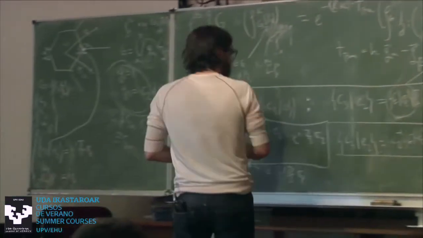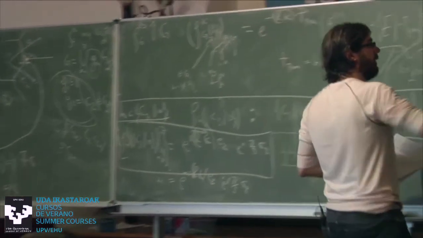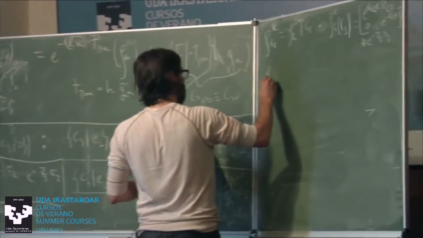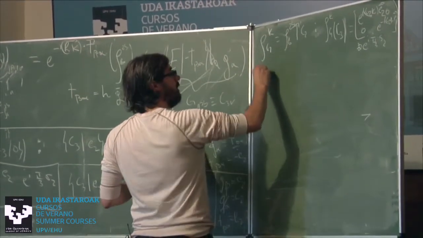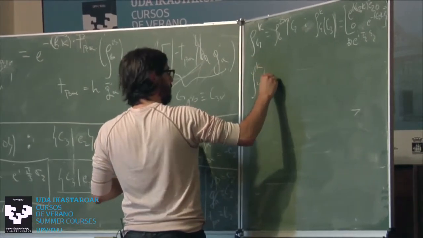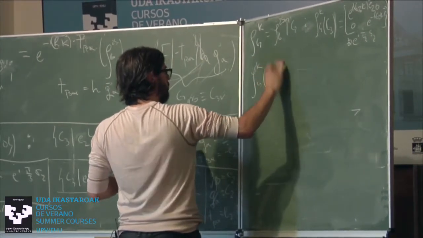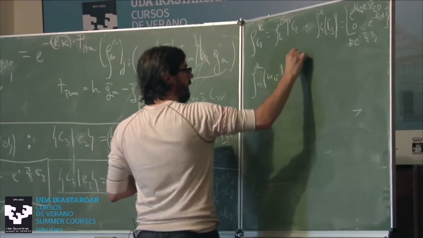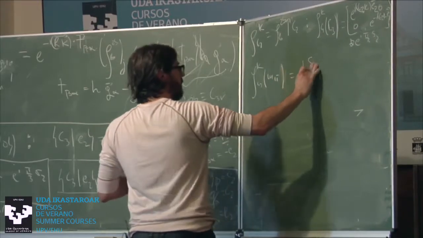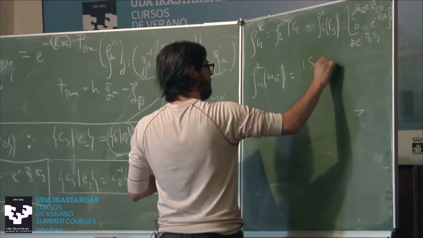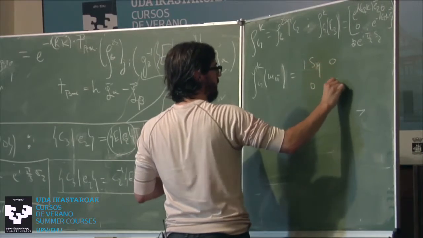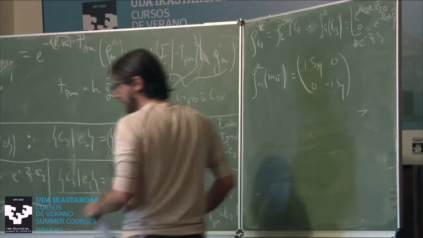Very good. I can do the same thing with the mirror, and I'm not going to do it, but it's done in the notes. Okay. And this gives me i sigma_y, 0, 0, minus i sigma_y. It's also a 4 by 4.